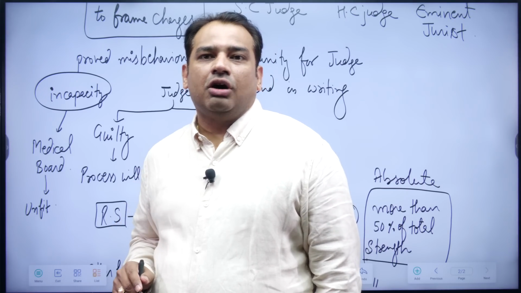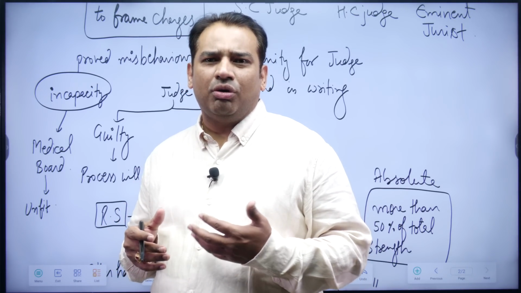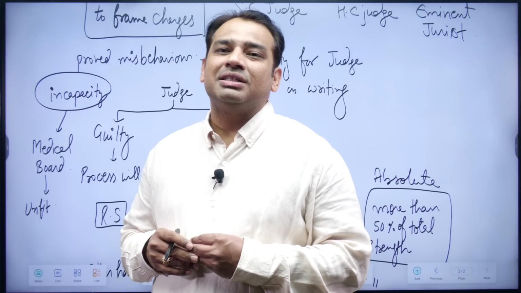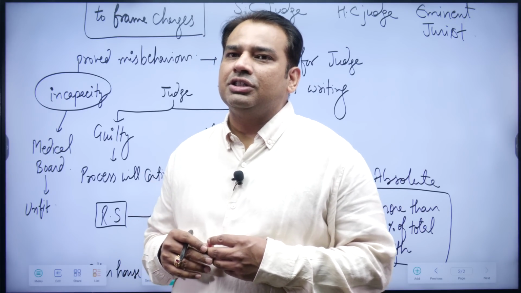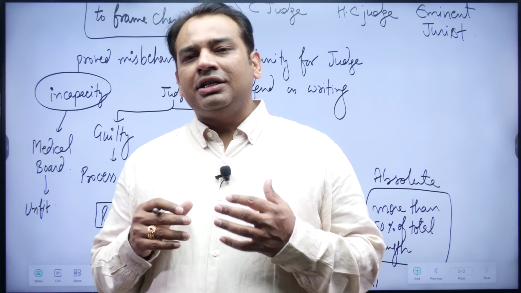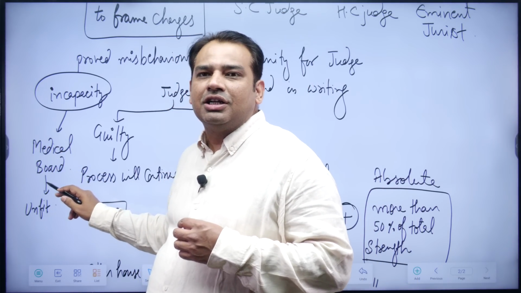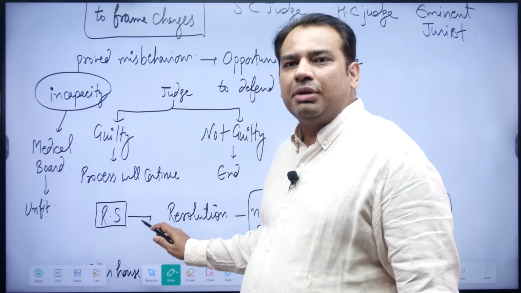to continue in the office, because it is possible that the person might have been suffering from coma, might have lost the mental balance, which is called a person of unsound mind, and in those circumstances the person cannot discharge his constitutional obligation as a judge. And in those circumstances, the medical board certification is important, and thereafter the procedure will remain similar.